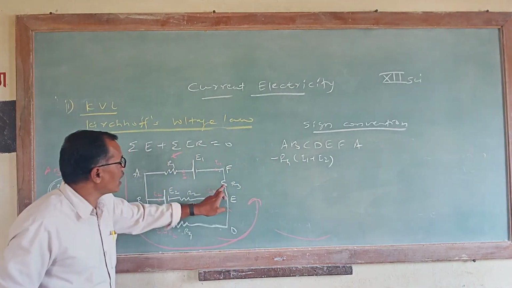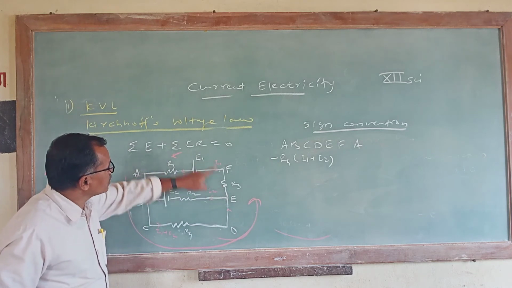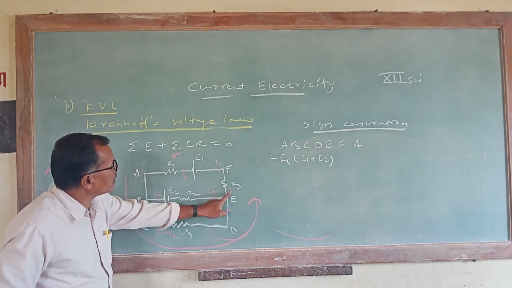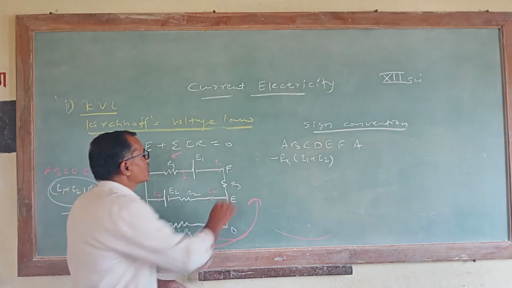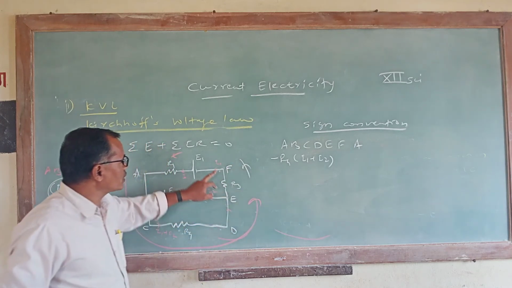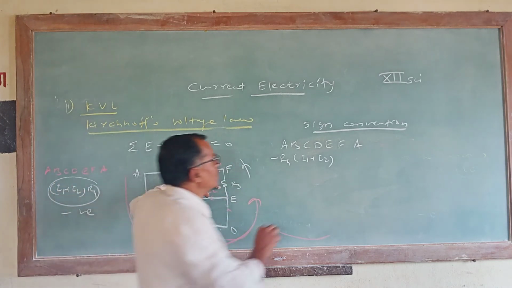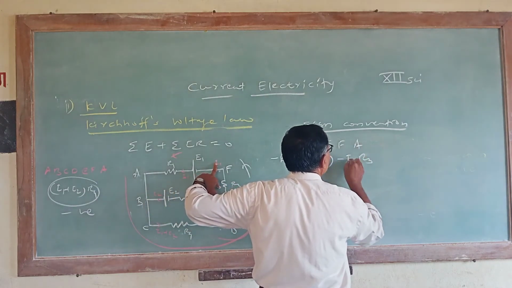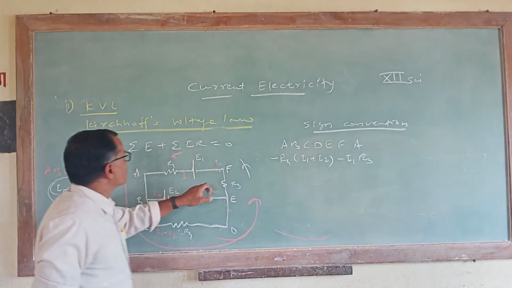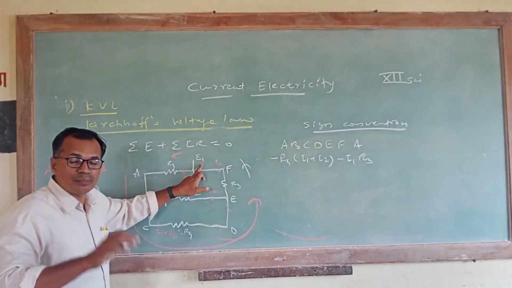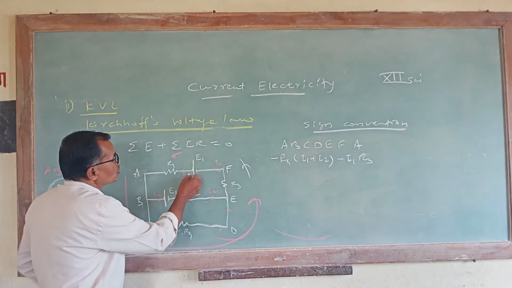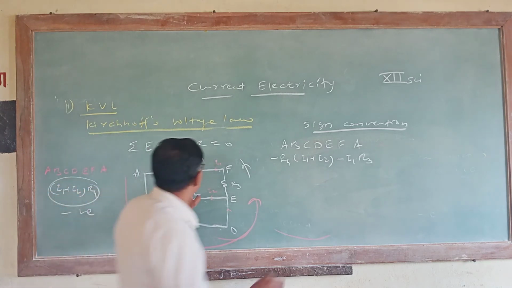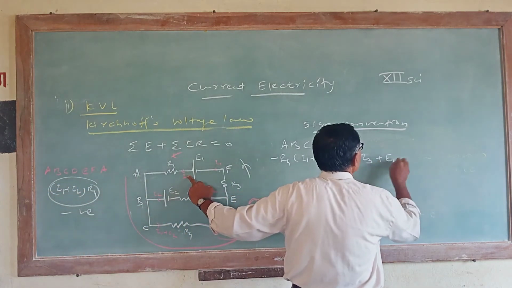Then we reach R3. In this case, the current is I1 and the resistance is R3, and the direction of the loop is like this. Both are the same, so the product I1 R3 is negative: minus I1 R3. Then the path travels from negative to positive, so the EMF E1 is positive, so plus E1.